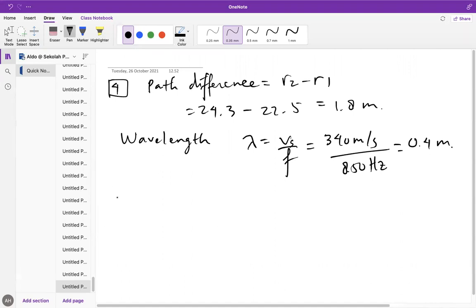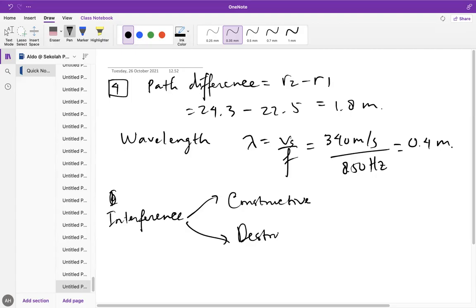And then after that, we want to find the type of interference. Is it constructive or destructive? We know this by dividing the path difference over the wavelength.